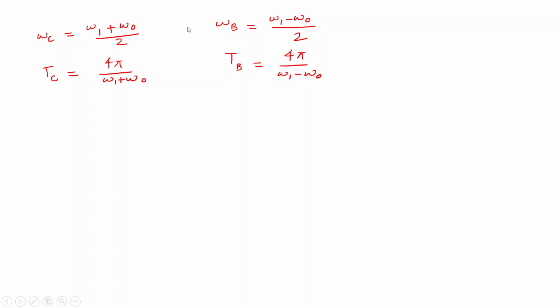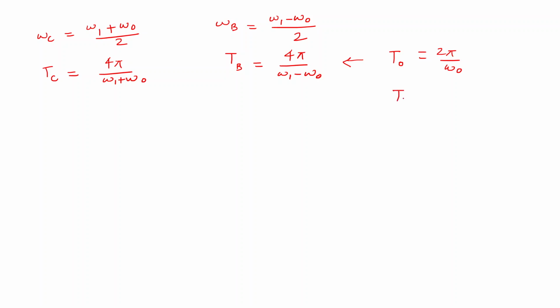Okay, now the time period. We know omega naught is the frequency of the first pendulum, and the time period for it will be 2 pi by omega naught, thus TC and TB values will be these.